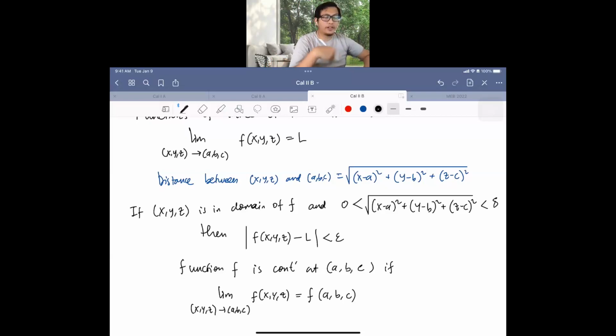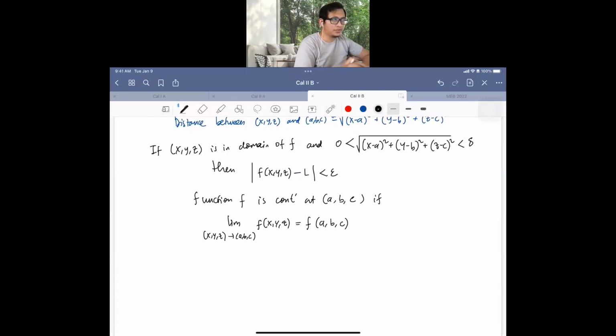So if we have more than three variables, at least from the definitions, we can make out the definition, that is, if f is defined on a subset, a domain, of real numbers in any space.